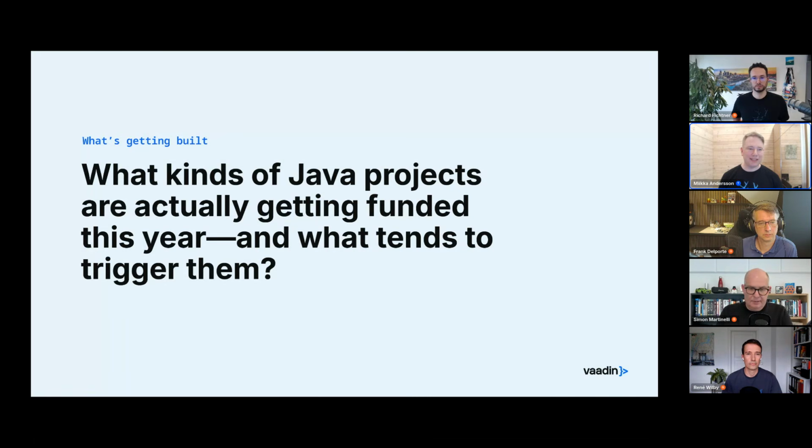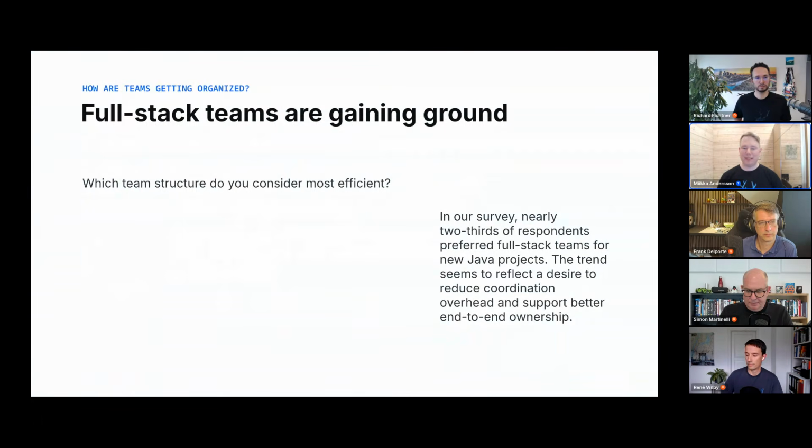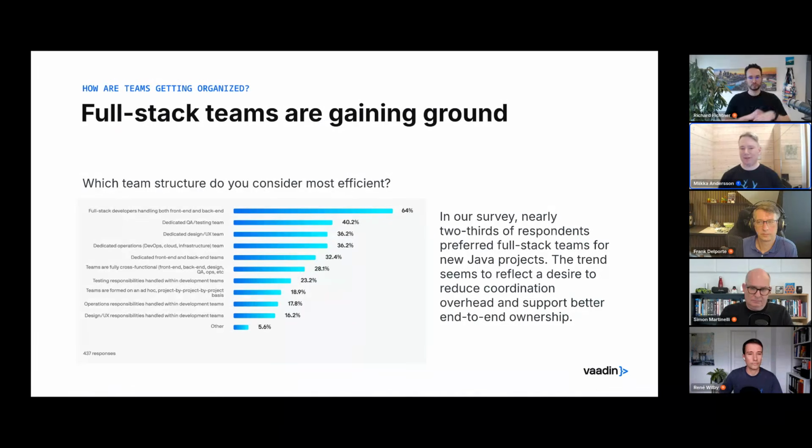Cool. All right. Let's move on to the next topic of ours: team structures. We asked about team structures, both preferences and what the actual situation is. And regarding preferences, quite many did report that they would prefer to work in a team where they have both back-end and front-end skills within the same team.